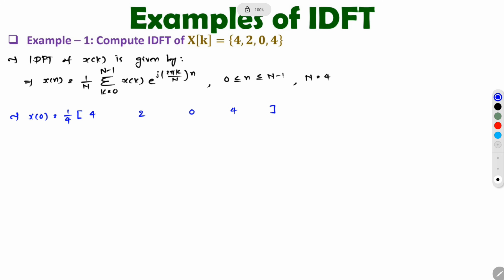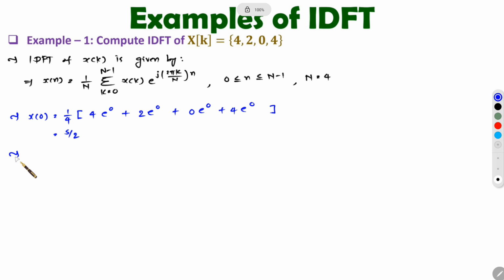Now here, e to the power 0 is there with us, right? Small n is 0. Here e to the power 0, here also e to the power 0, here also e to the power 0, and here also e to the power 0 is there with us. E to the power 0 is 1. So this will be 1 by 4 into 4 plus 2 plus 4, that is 10 by 4. So that is 5 by 2.